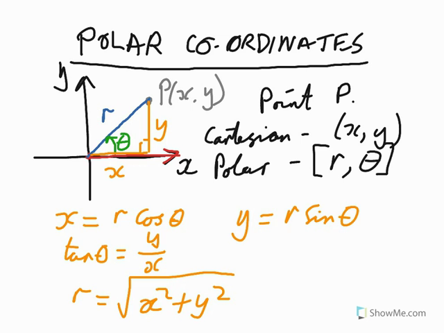So let's have a look at some questions and some examples of things that we can do. Alright, plot 2, 60 degrees.